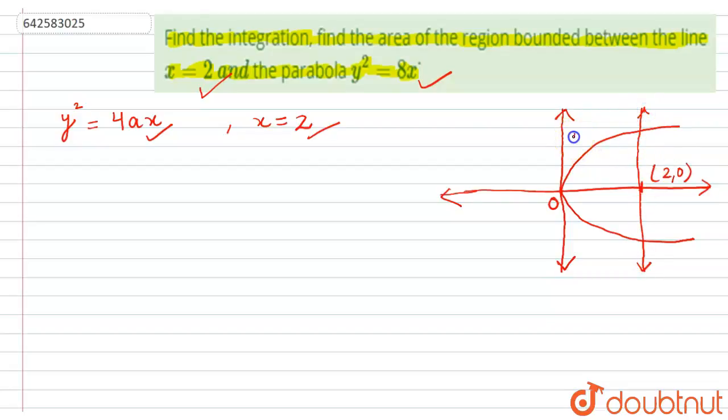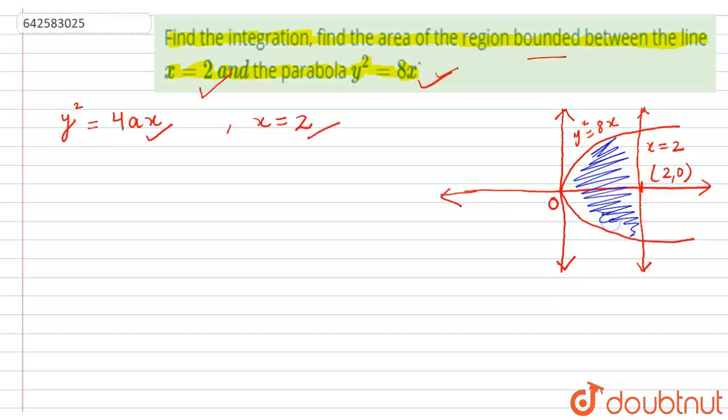We can write that this is y square equals 8x and this is x equals 2. So the area bounded by these two curves would be this one.